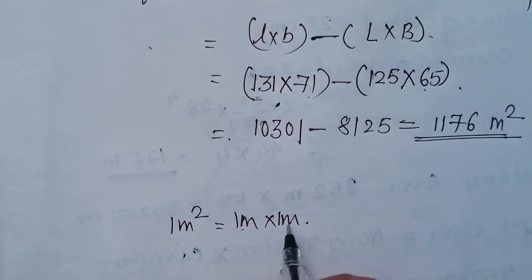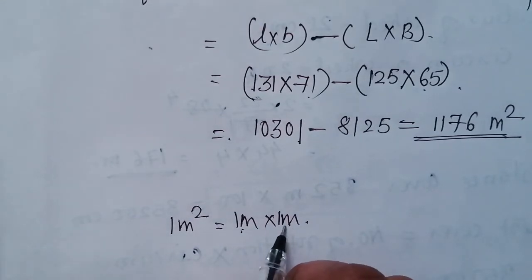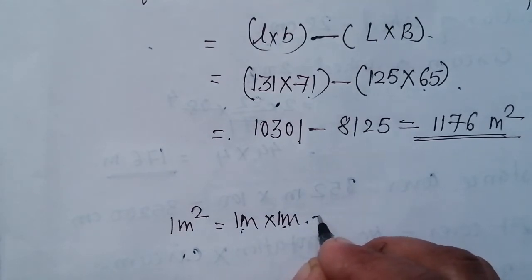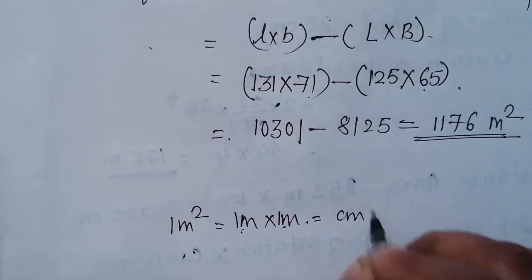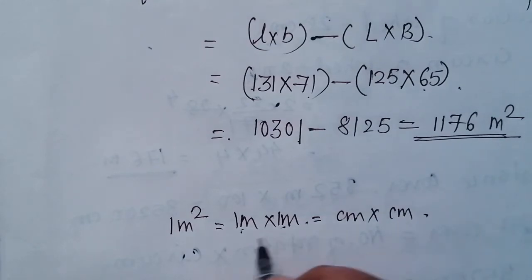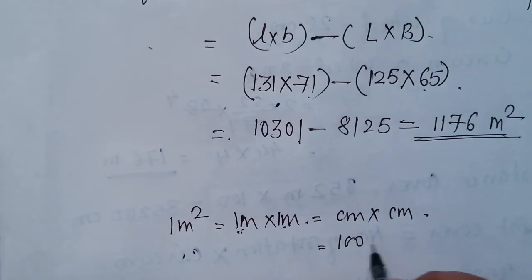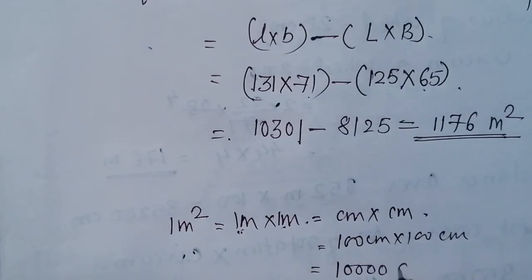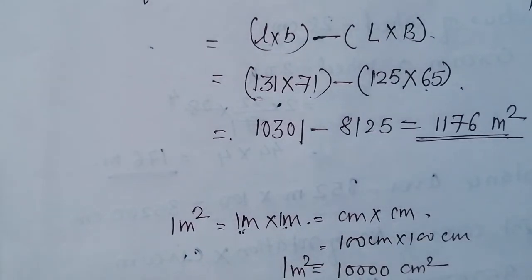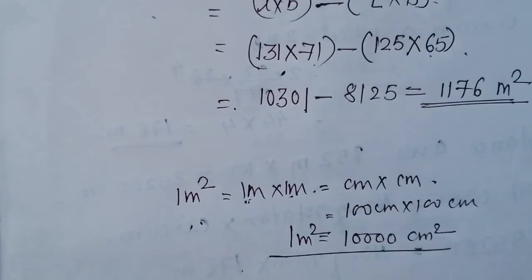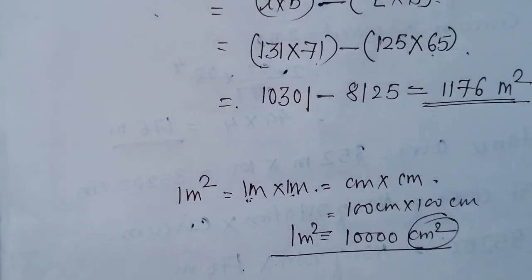Now if you convert this meter into centimeter, you multiply centimeter by centimeter. 1 meter is equal to 100 centimeter. So you will get 100 centimeter multiplied by 100 centimeter, which is 10,000 centimeter square. So 1 meter square is equal to 10,000 centimeter square. You should not forget this, because it is given with the square.